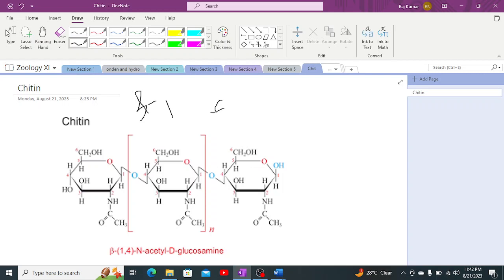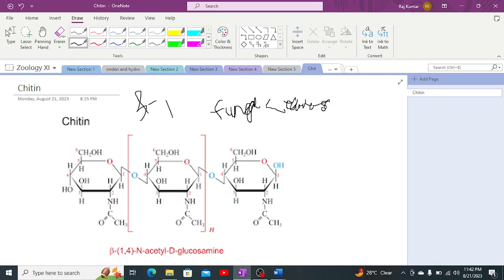And where is chitin found? Chitin is found in the fungal cell wall. As it is found in the fungal cell wall, it is also known as fungal cellulose. It is also found in the exoskeleton of arthropods, shells of mollusks, and crustaceans.